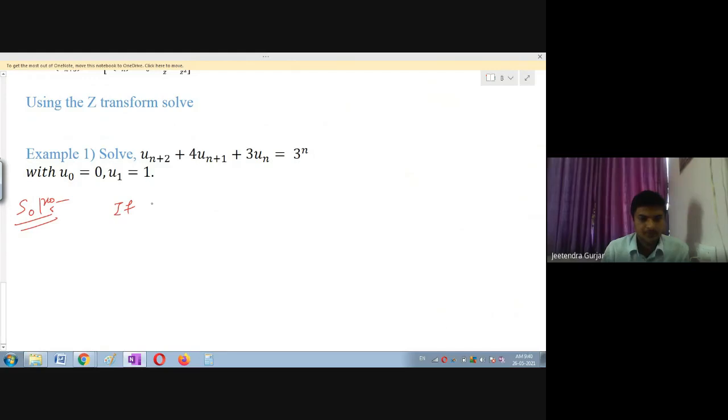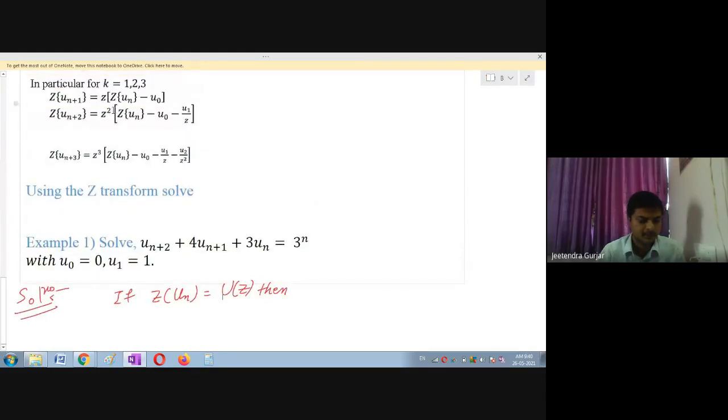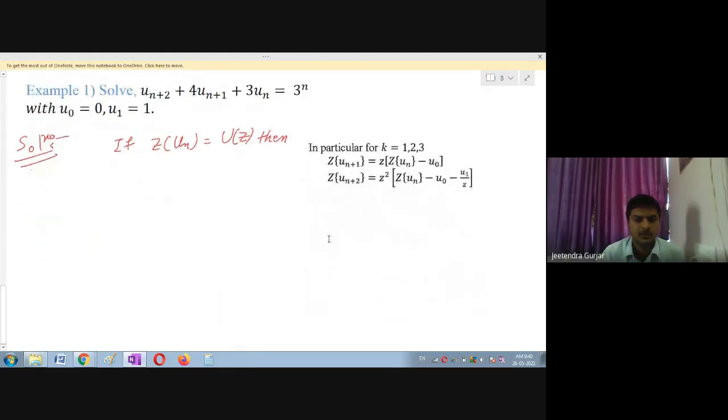So if I write down all whatever you are going to use, that is Z of u(n) is equal to u of z, right? Then as you remember all the formulas, these three formulas you are going to take here, that is u(n+2), u(n+1) and u(n). So I will just write this once again. You also please note down. Then these three formulas you have to consider here, students.